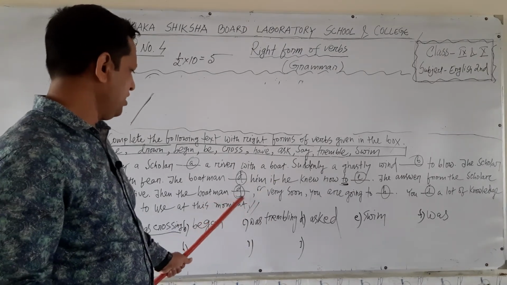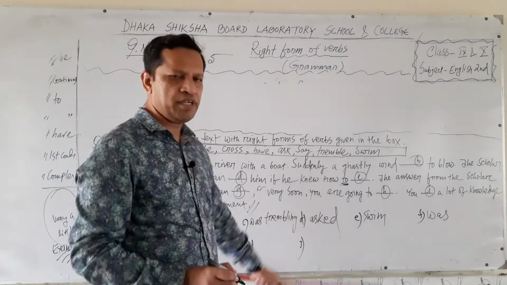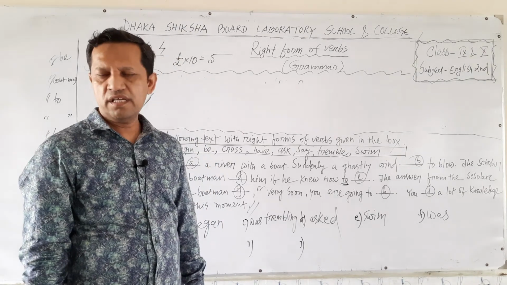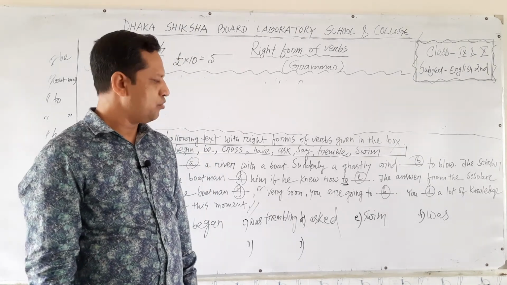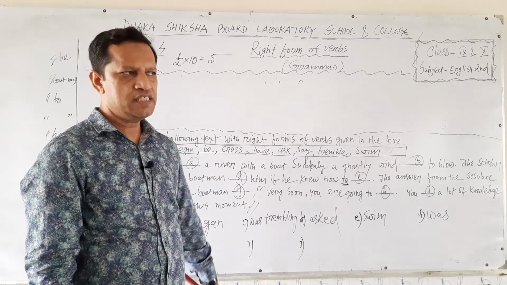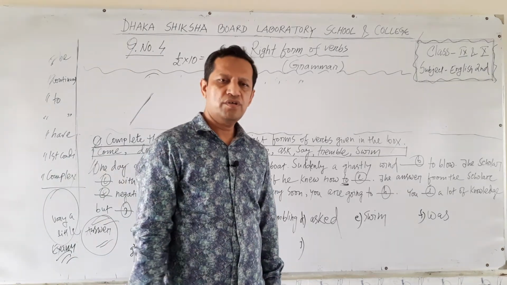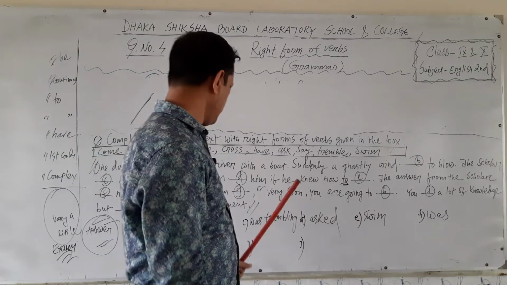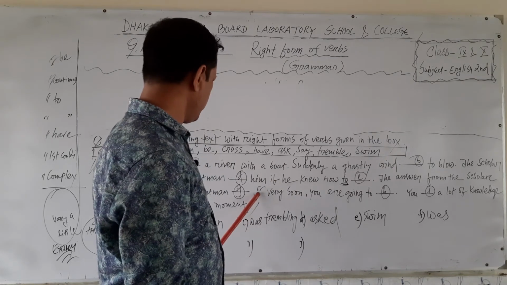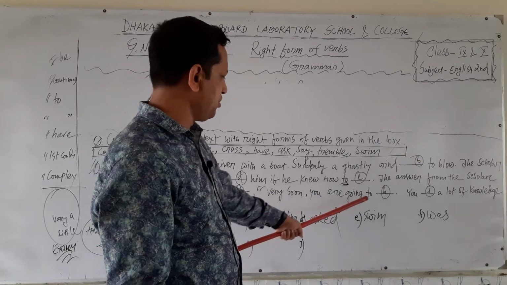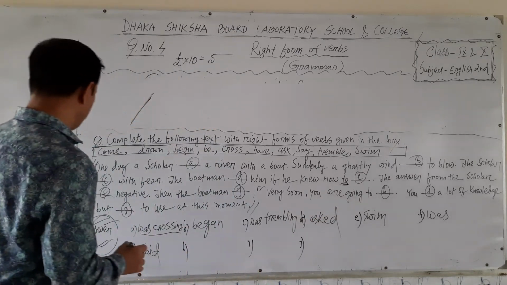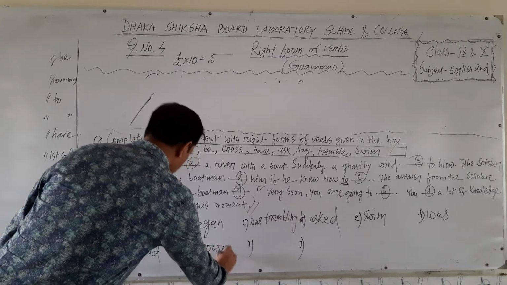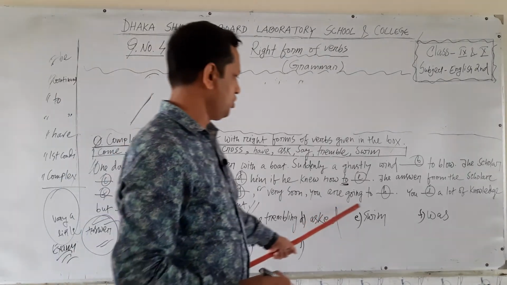The boatman said, "Very soon you are going to." My students, you have to know that within the inverted commas, we have to use direct speech. So, the tenses would be in present form. So, here these are inverted commas. "Very soon you are going to." Here after to we have to use V1, drown. We are going to drown.